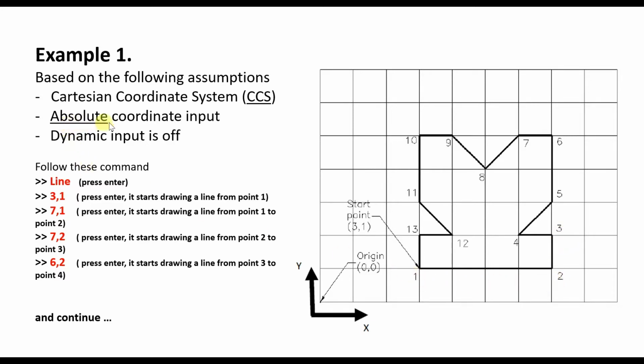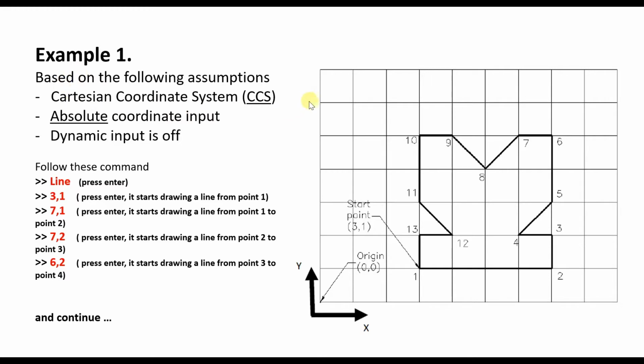When you do absolute coordinates, it is the coordinate of 1 with respect to the origin, the coordinates of 2 with respect to the origin, and so forth. When you keep drawing this geometry, the coordinate of the next point is always going to be with respect to the origin, and we call that the absolute coordinates.